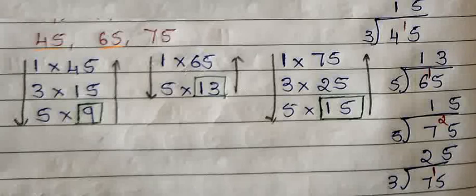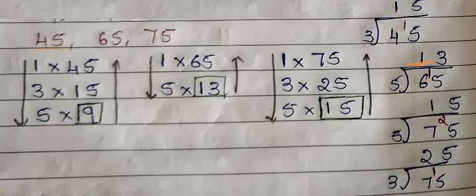After that we have number 5. This 65 is divisible by 5 because in the ones place we have 5. 5 how many times, we'll see. If you start dividing this 65 by 5, 5 ones are 5. What is the remainder? 6 minus 5, we got remainder 1. 1 and the next digit is 5.